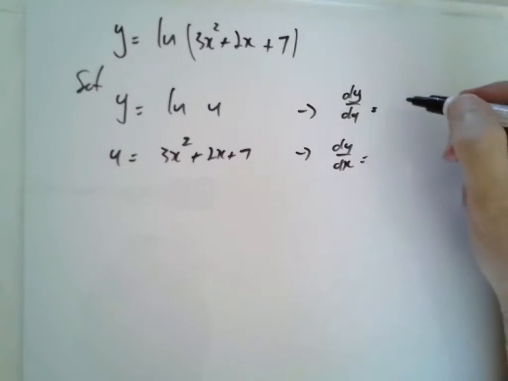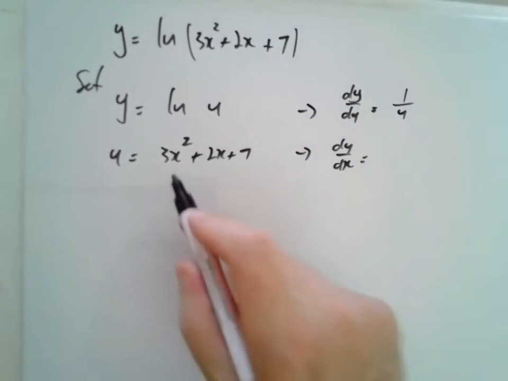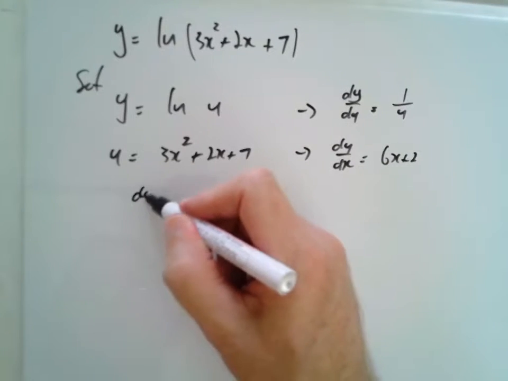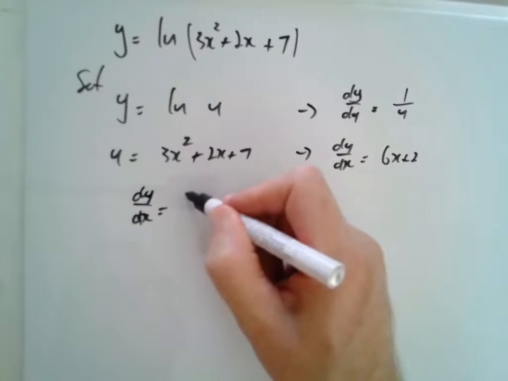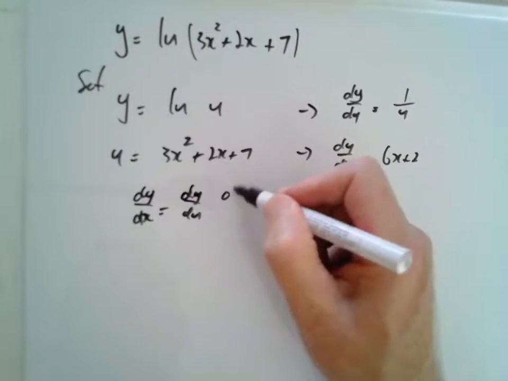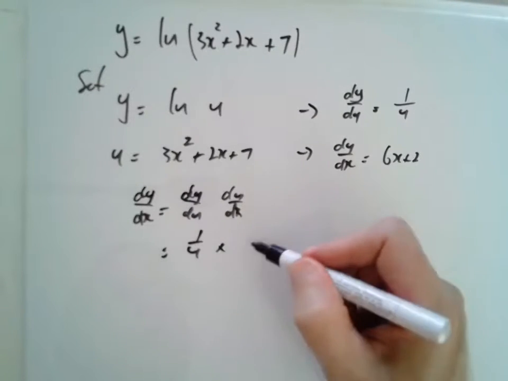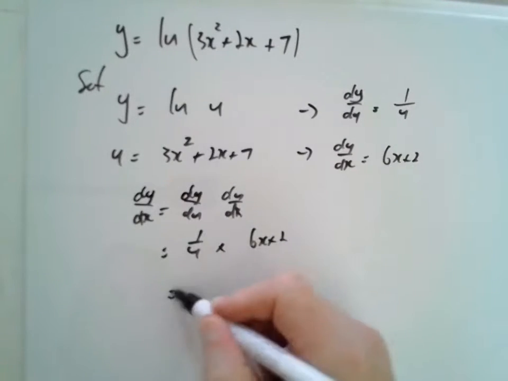Okay, the derivative of log u, we just know that that's going to be 1 on u, and then we've got 6x plus 2. We're going to state our rule. dy dx is 1 on u times 6x plus 2.